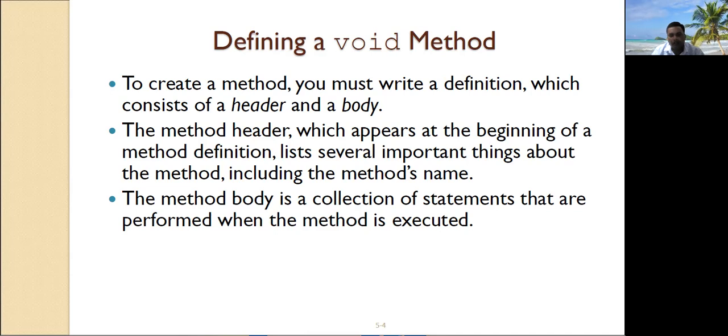After that, we can write a certain set of statements inside the opening and closing curly brackets, which is called the body of the method. Here, the statements are written inside the body of the method to perform a specific operation.